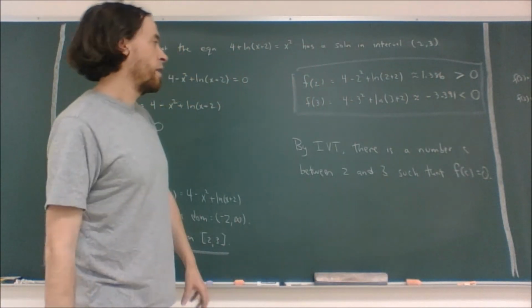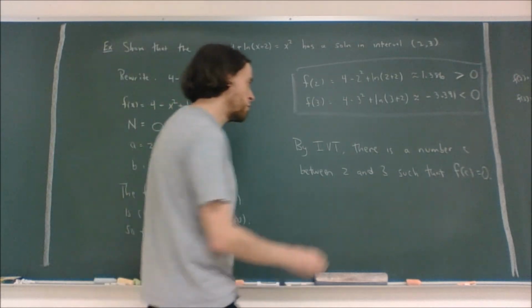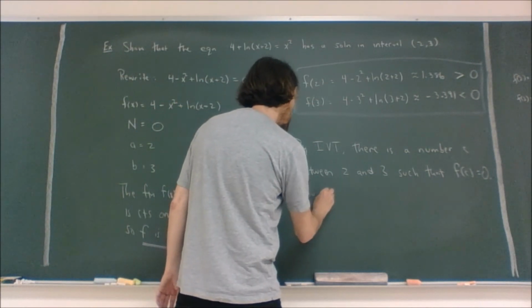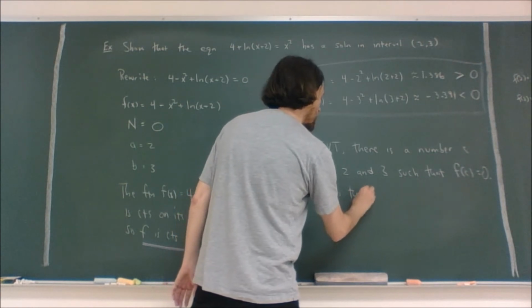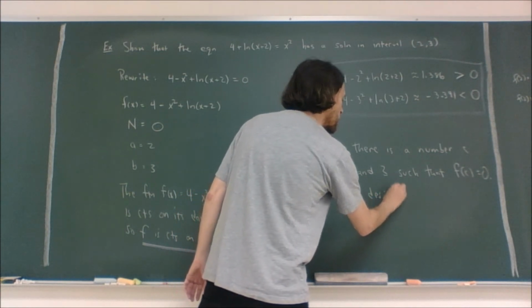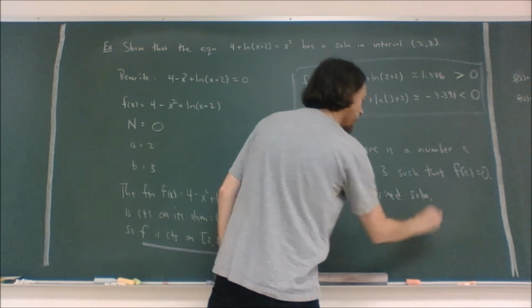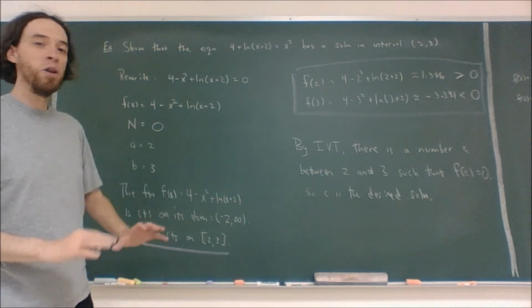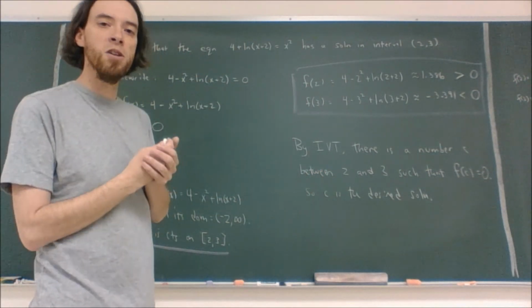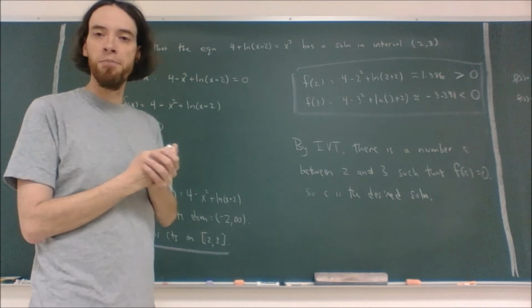Now, of course, that c is the desired solution. So c is the desired solution, and we're done. We've shown that there is a solution to this equation between 2 and 3.